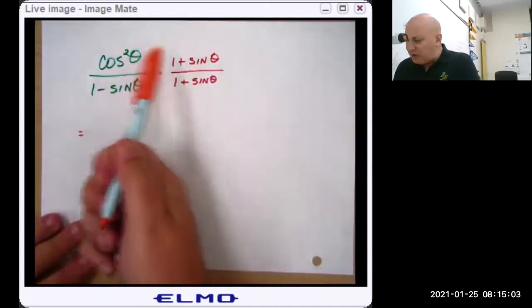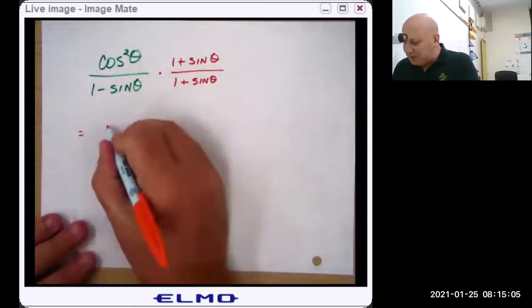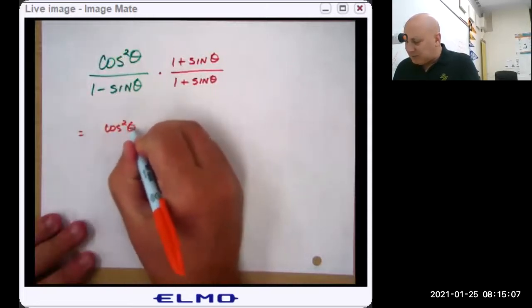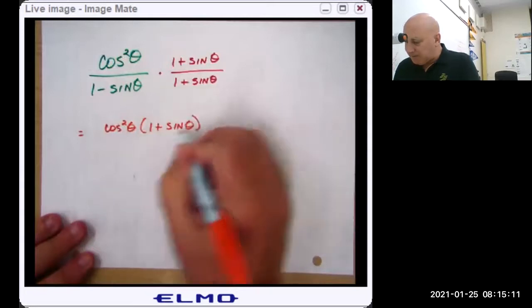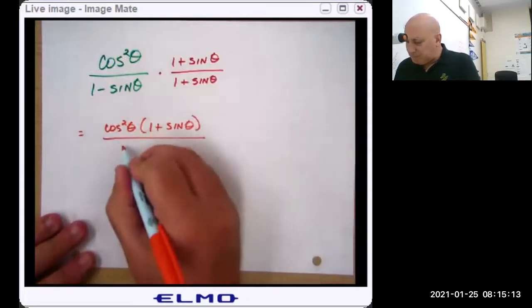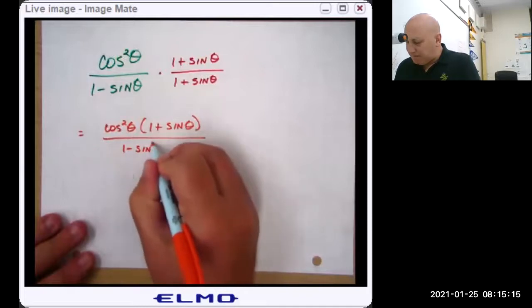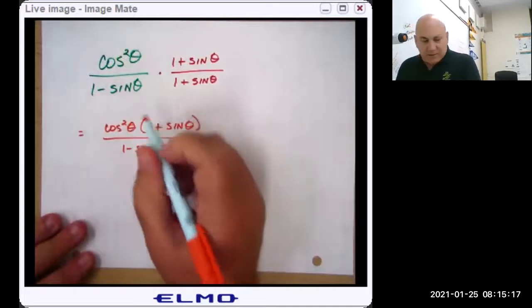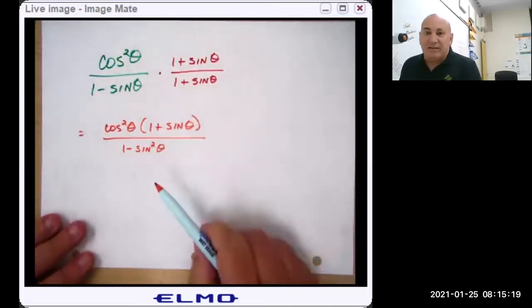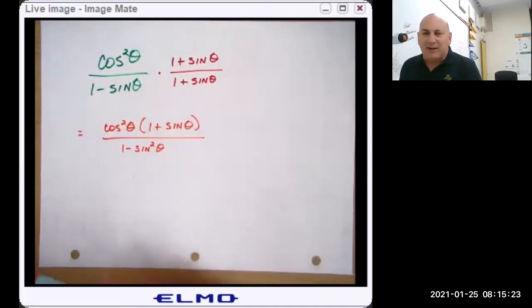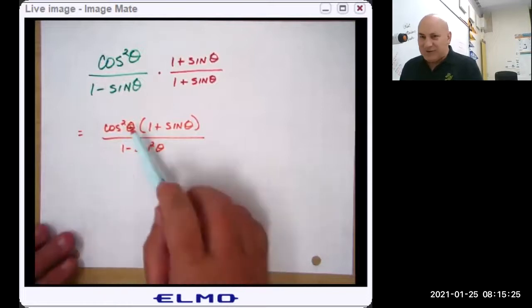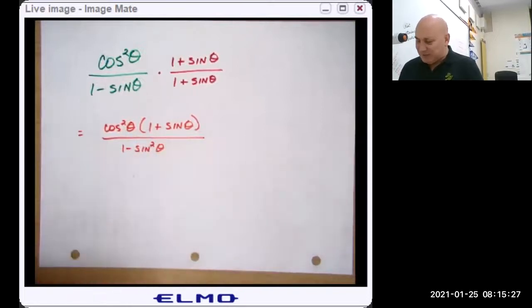Now I'm not going to multiply this. I'm just going to leave it as this. Now, how did I know that? I didn't. If I'd have multiplied that out after my next step, I'd look and go, oh, I need to factor. So I'm just not even going to multiply it in the first place. Okay, what's my next step? What should it be?